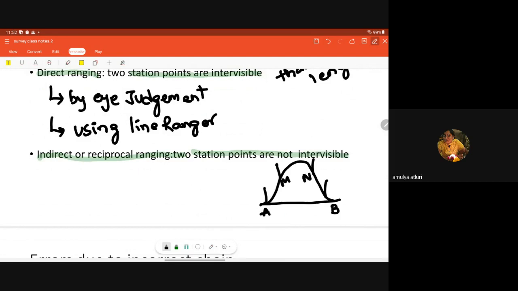So then we will do ranging with the help of the random line method. The random line method is used to establish the intermediate station by reciprocal ranging. So these are two types of ranging, direct ranging and indirect ranging.